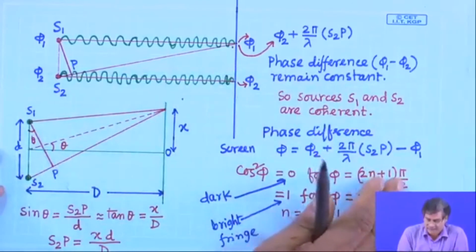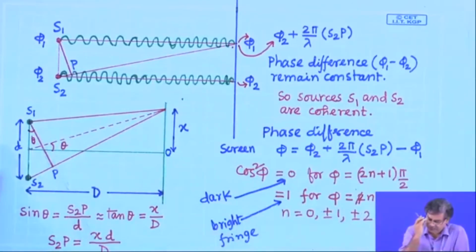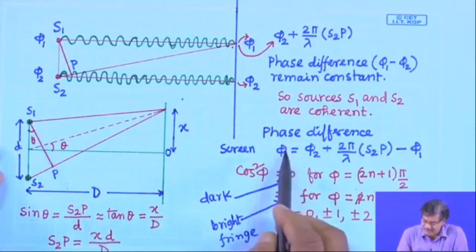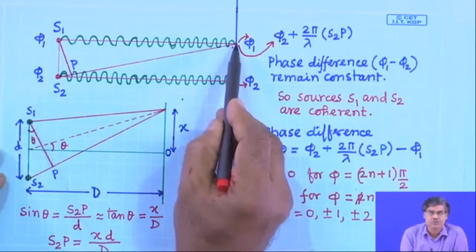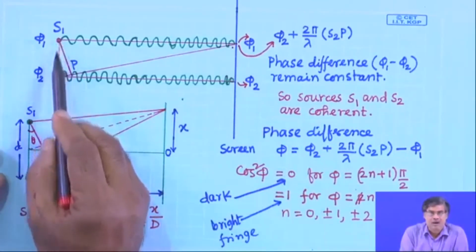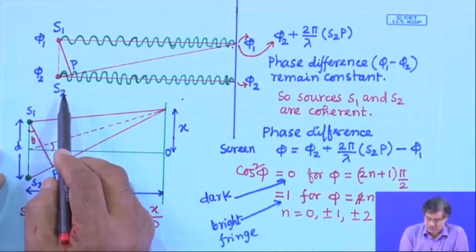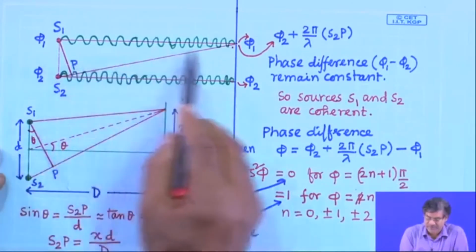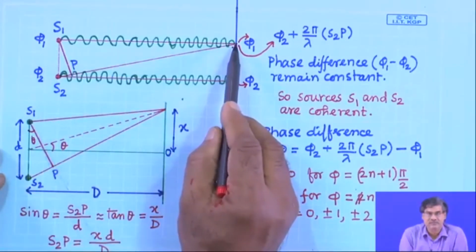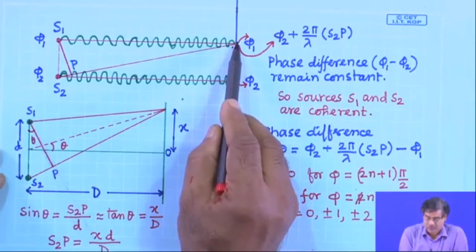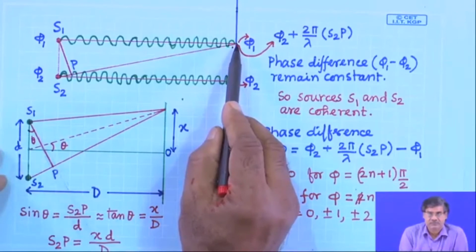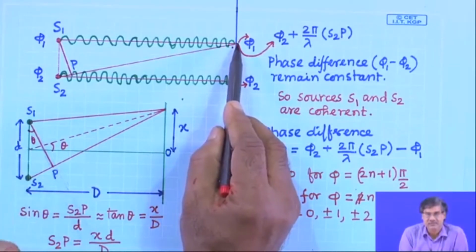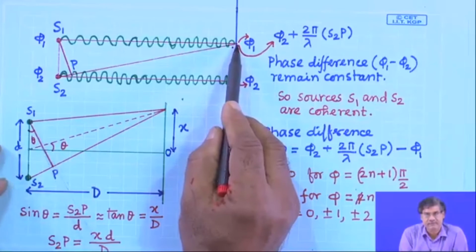Whatever I have discussed so far, now this phase difference: these two coherent sources, from there these two waves meet here. So, to see the degree of brightness, you have to find out the phase difference.